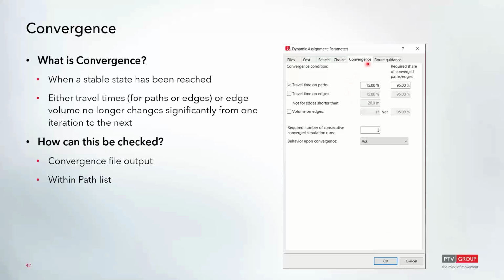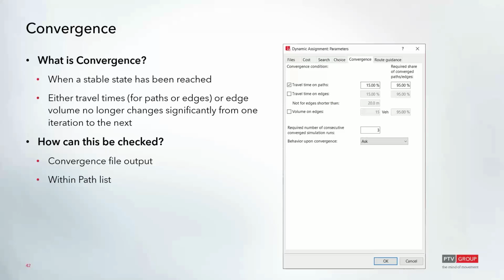And if you go to the Convergence tab, this is where you can choose those different convergence conditions. And you can pick either one or multiple that you'd want to reach in order to reach the stable state. And then you can further adjust the settings over here on the right. And as we're running the simulation, we can check the convergence in a couple of different ways.